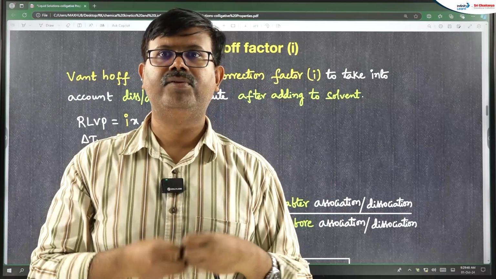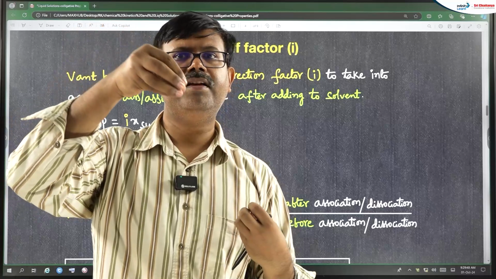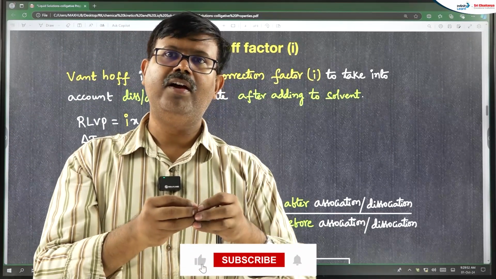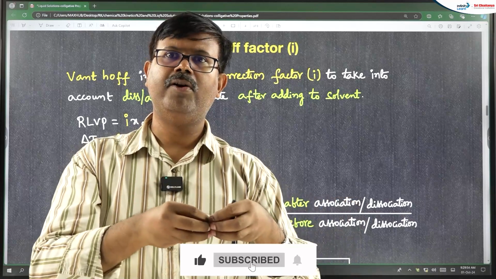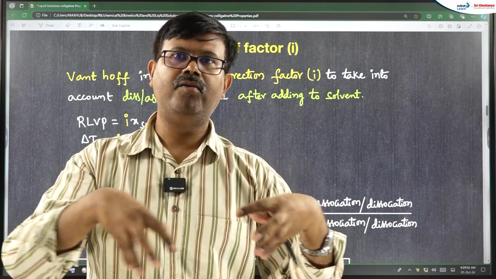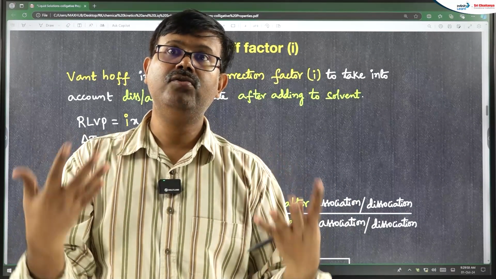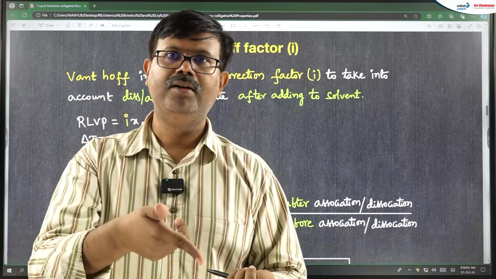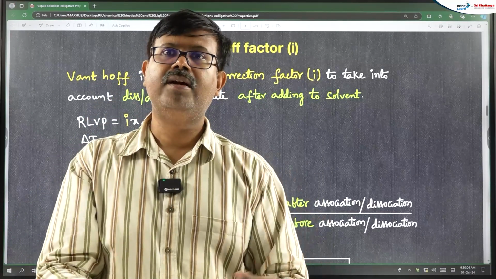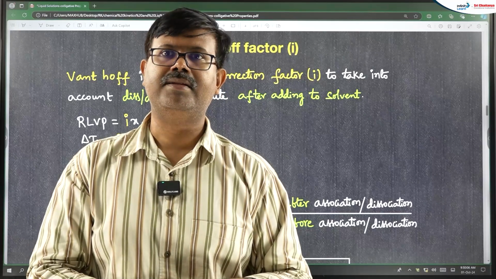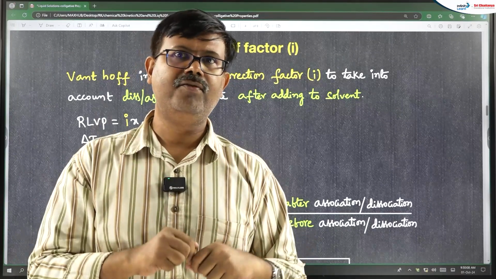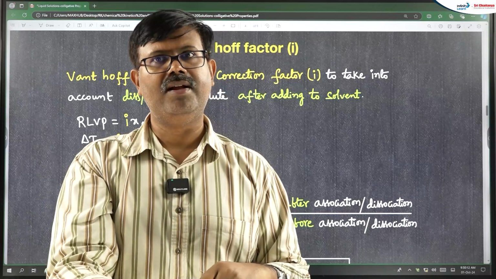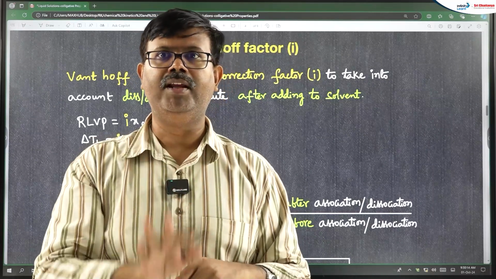So if you add 1 mole of NaCl, 1 mole of Na plus and 1 mole of Cl minus will come out. Total how many particles are there? 2 moles of particles. You think you have added 1 mole, but it has become 2 moles of solute particles. Whereas in the case of glucose, if you add 1 mole, after addition it remains as 1 mole only.